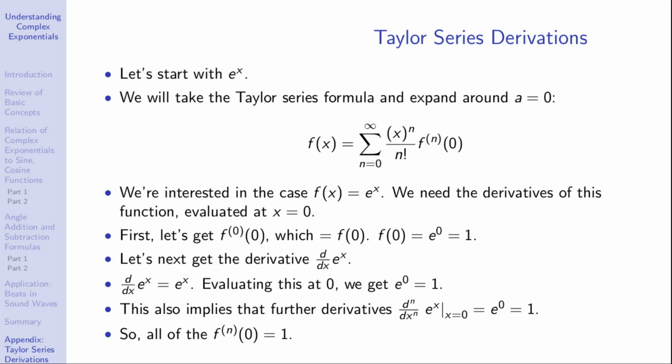Evaluating this at 0, we get e to the 0, which is 1. This also implies that further derivatives of e to the x evaluated at x equals 0 will be e to the 0, so they will all be 1. So all of the derivatives evaluated at 0 that we have to plug into our Taylor series formula are equal to 1.